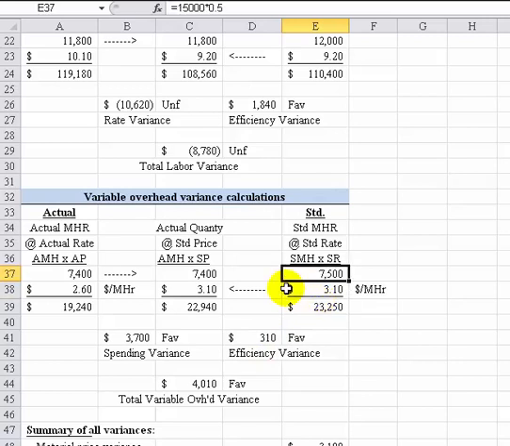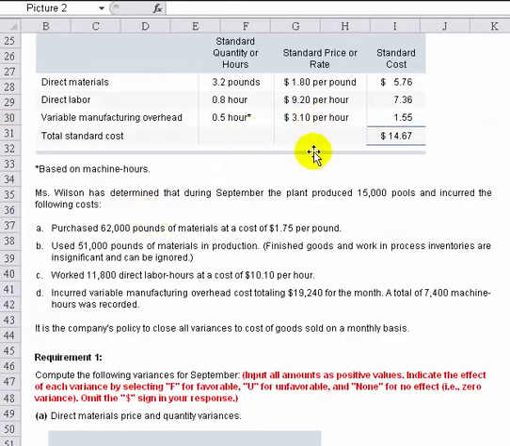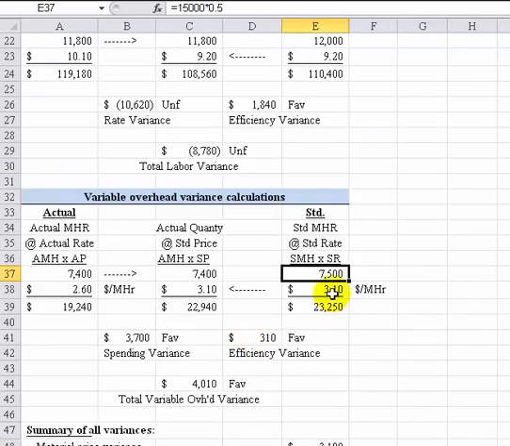So the standard called for 7,500 machine hours, and I believe the standard is $3.10 per machine hour. So we drop in 3.10, and then we just simply multiply. Keep in mind that 7,500 came from that interim calculation of 15,000 pools times 0.5. And we come up with 23,250.